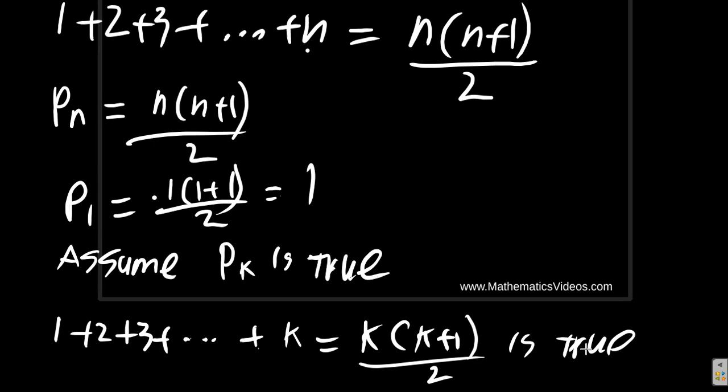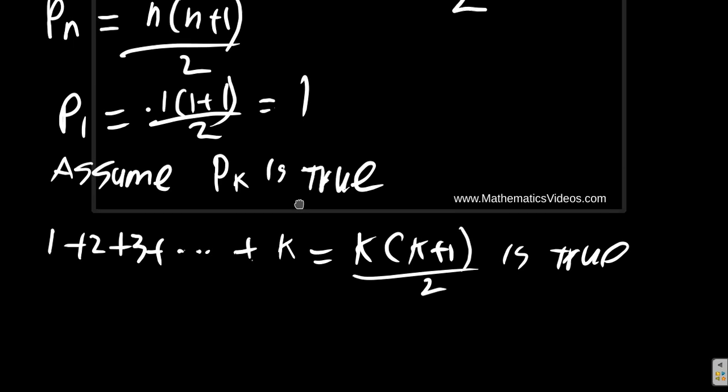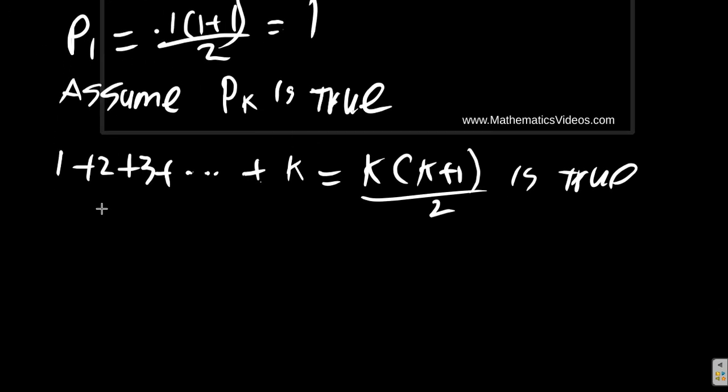You show that Pk is true, where k is any number. But how do you know that it is also true for the number after k? If k is 2, then you show that P1 is true, then P2 is true. How do you know that P3 is true? If k is 30, then you would show that P1 is true, P30 is true. Question is, how do you know that P31 is true? So we need to prove that the statement is true for the term after k.